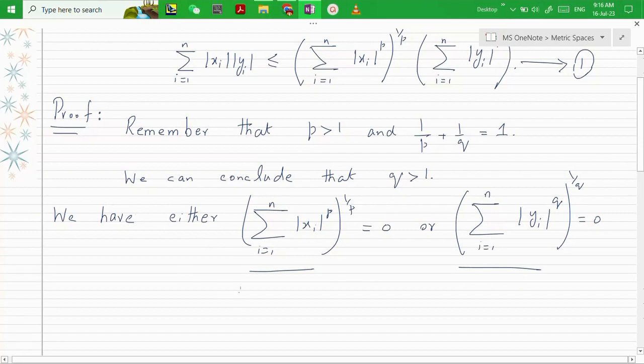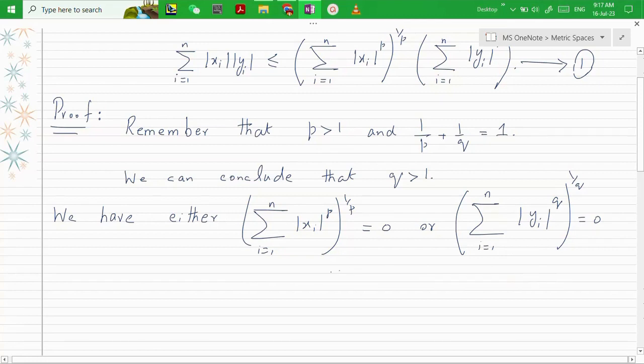The second possibility is that both of these quantities are non-zero. So the first case is that either the summation i from 1 to n of mod of xi power p, whole power 1 by p, equals 0, or the summation i from 1 to n of mod of yi power q, raised to the power 1 by q, equals 0.